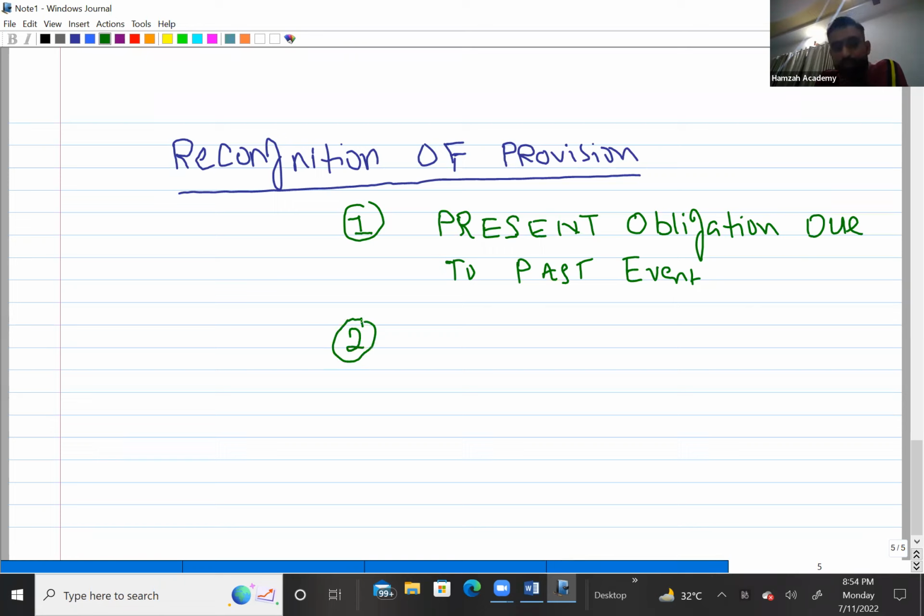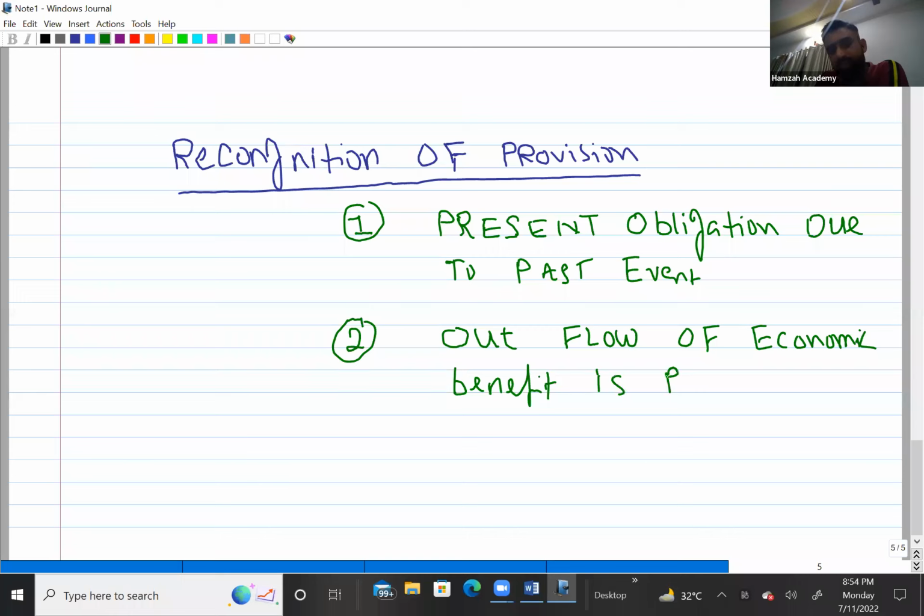Number 2, outflow of economic benefit is probable.